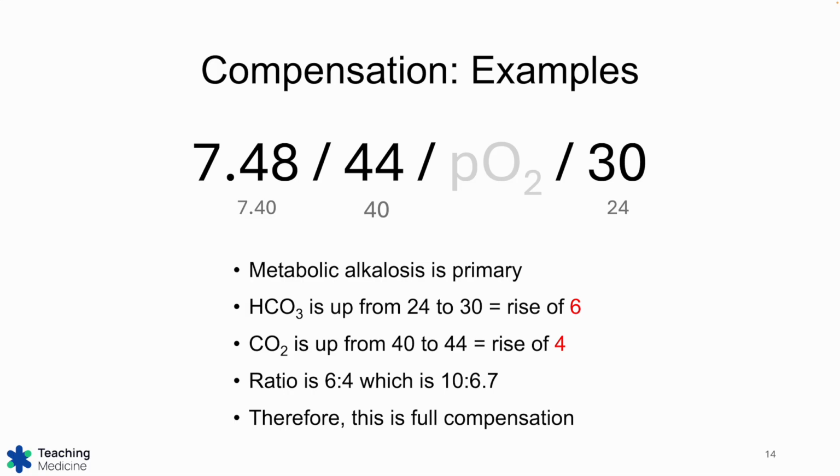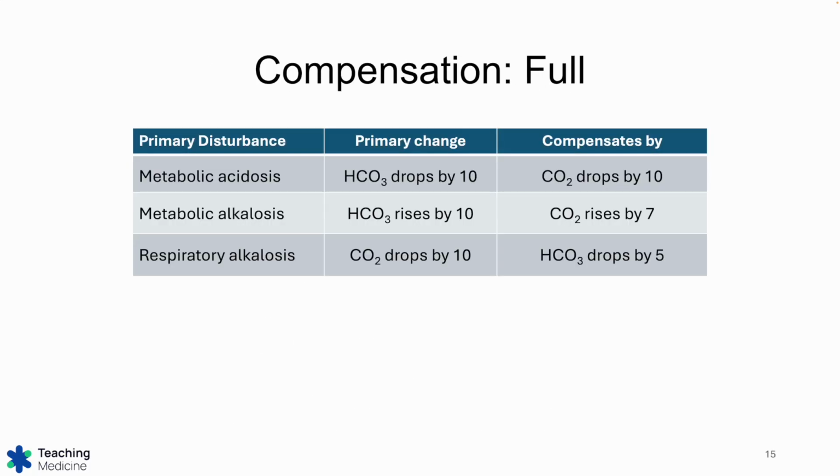Bicarb is up by 6, CO2 is up by 4, the ratio is 6 to 4, which is about 10 to 6.7 ratio, and that's pretty close to 10 to 7, so this would be full compensation.